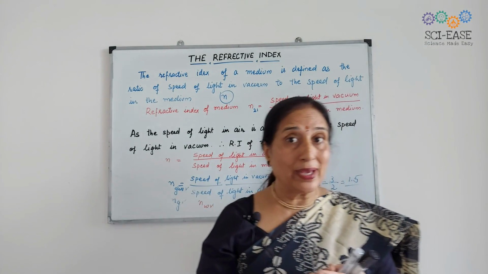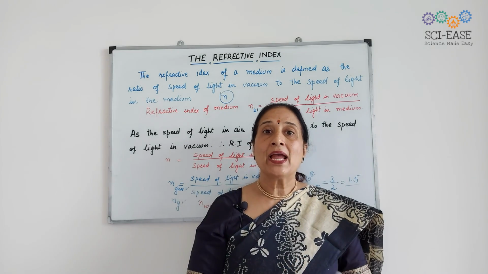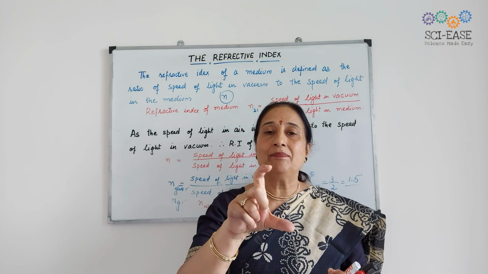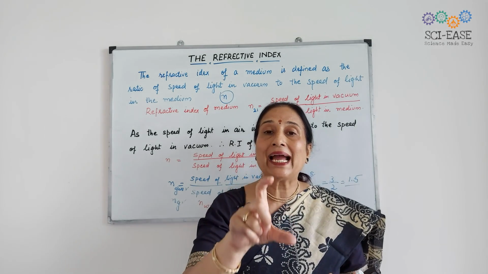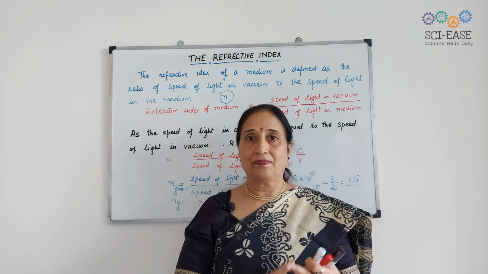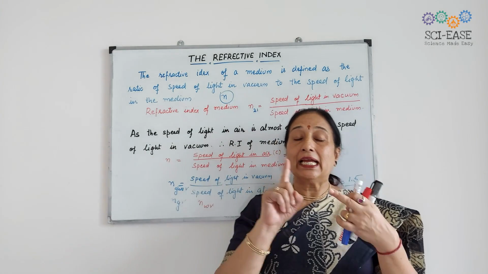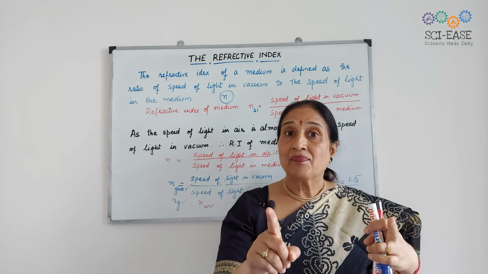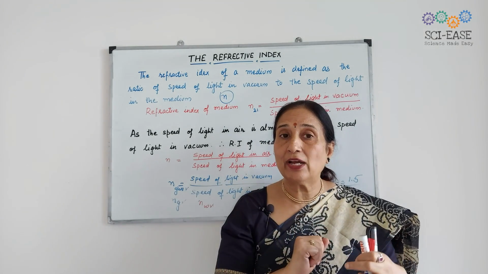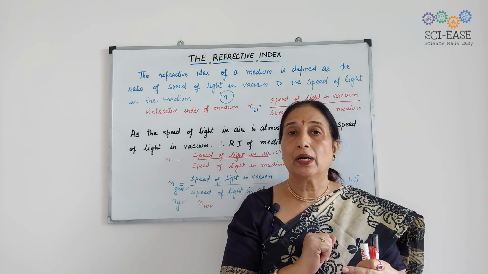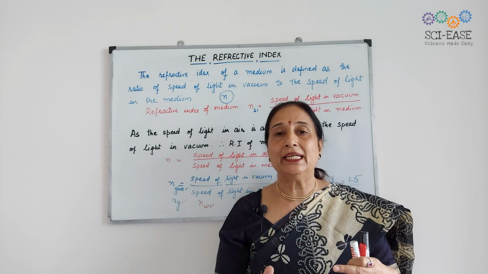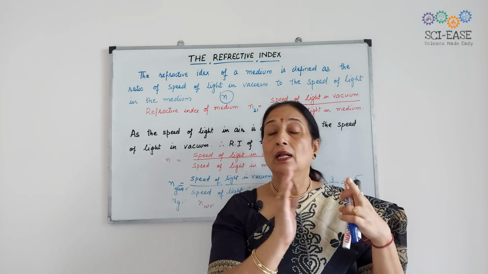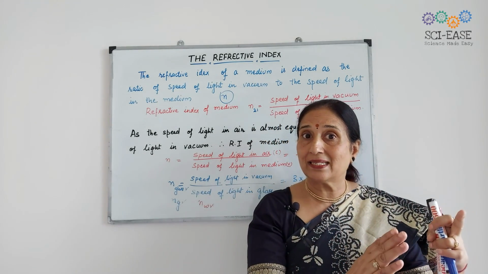This is a very important term, and you should know that in the denser medium the speed of the light is lesser. I have told you that when the ray of light travels from rarer to denser medium, it will bend towards the normal. This means that the speed is lesser.